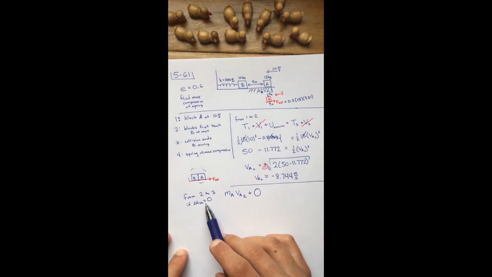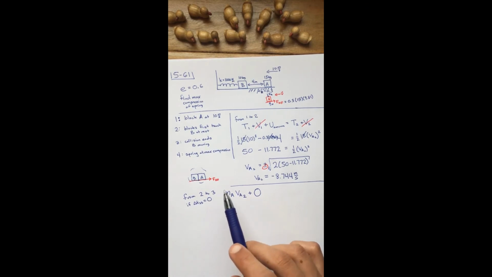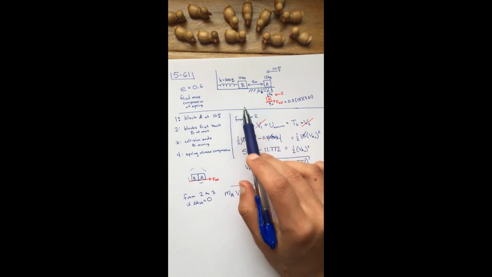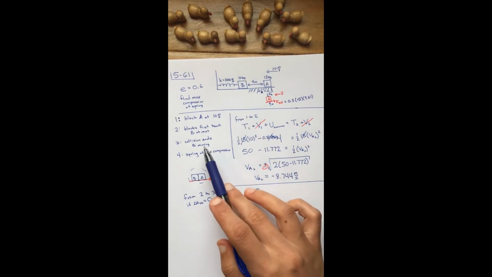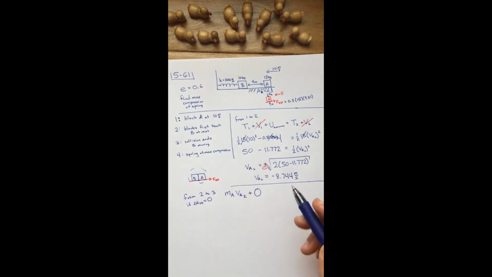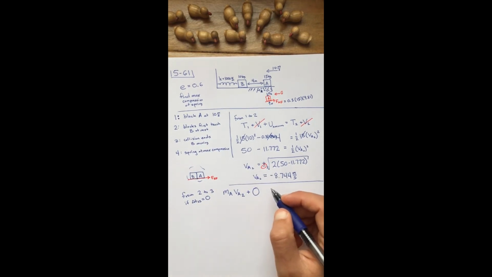So it no longer becomes an approximation if delta t is equal to 0. And we're going to take care of the force of the spring and the force of kinetic friction after we figure out what the velocity of B is. So we're using the impulse approximation here.